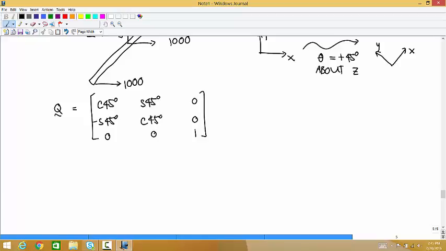And so that's 0.7071, 0.7071, 0, negative 0.7071, positive 0.7071, 0, 0, 0, 1.